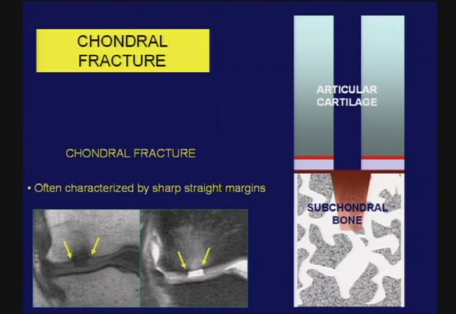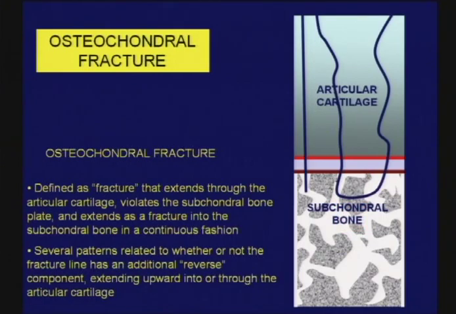The most common term I use to describe all of these things is osteochondral injury, because the vast majority of things that impact the end of the bone will have some effect in the subchondral bone. By the way, the sharp margins are very characteristic of traumatic lesions, as opposed to degenerative changes within the articular cartilage.